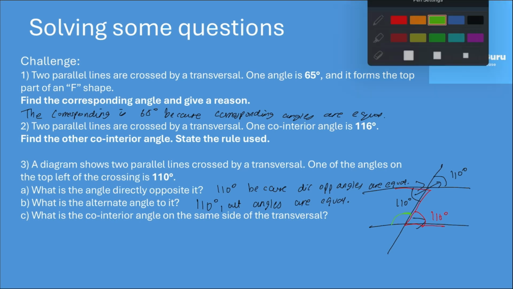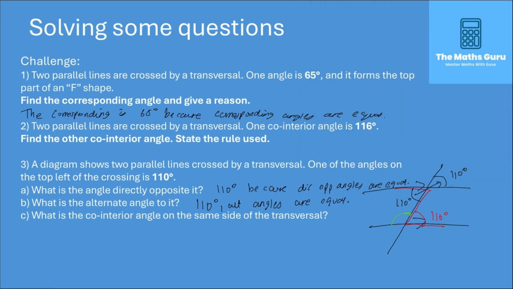Hence, we use our rules of co-interior angles and say that co-interior angles add up to 180. So 180 minus 110 is 70, which means the co-interior angle here is 70 degrees because co-interior angles add up to 180.